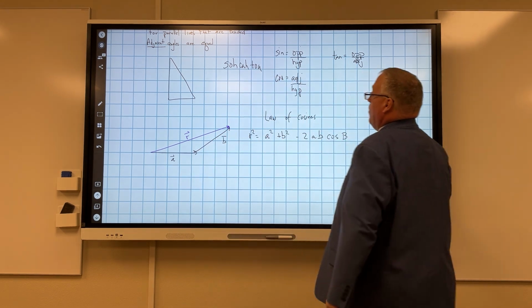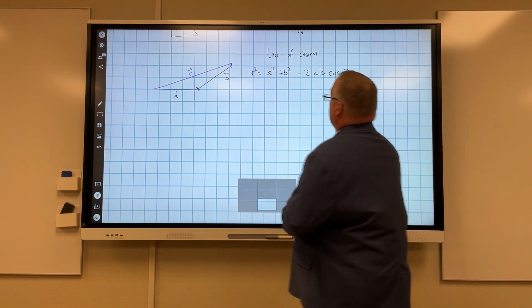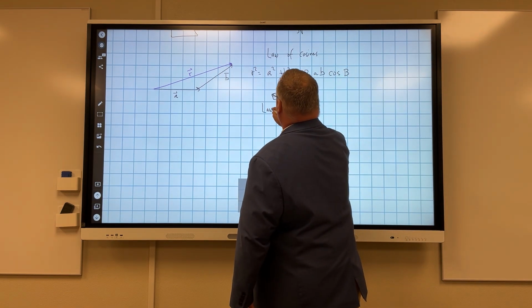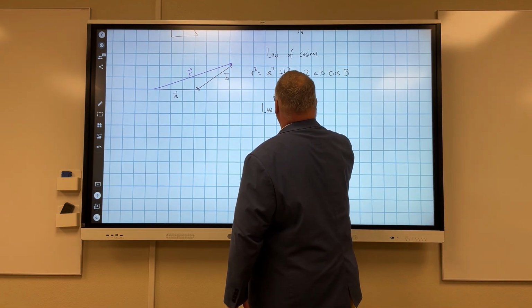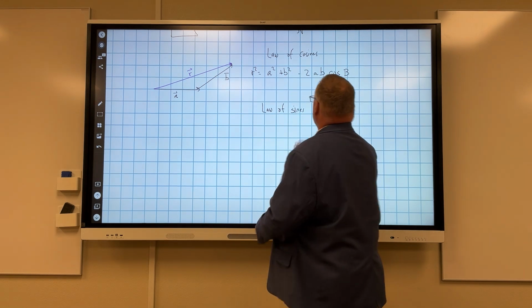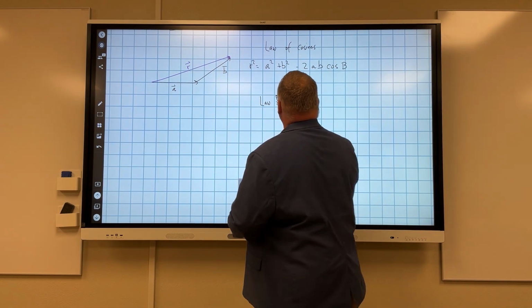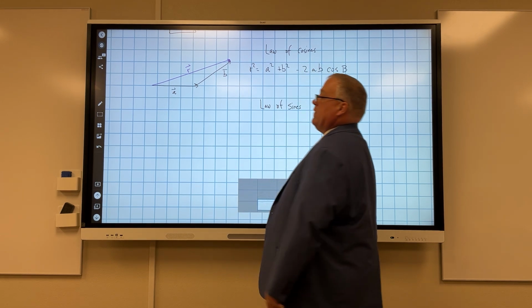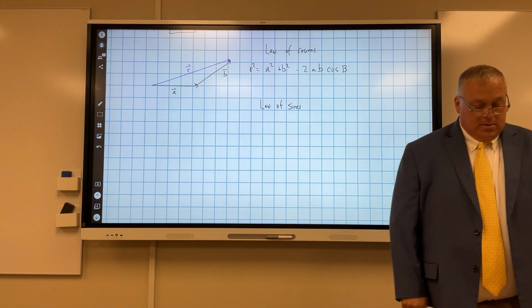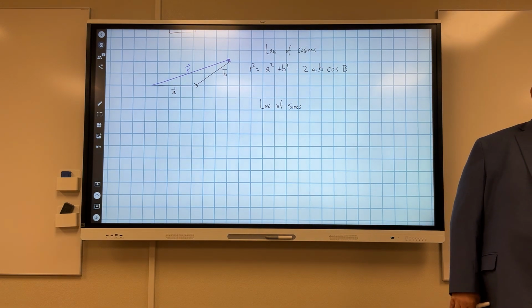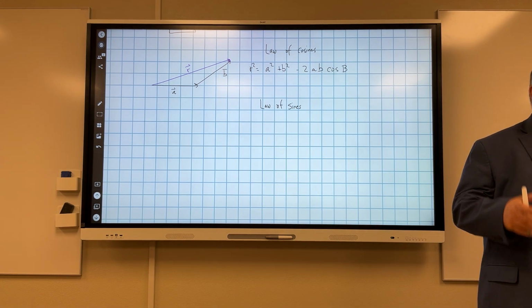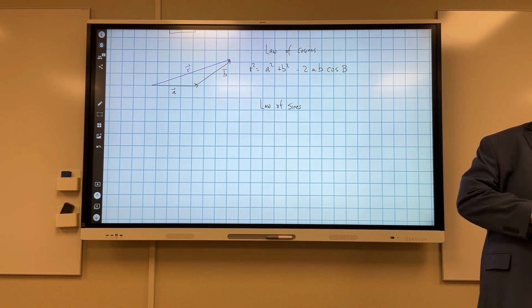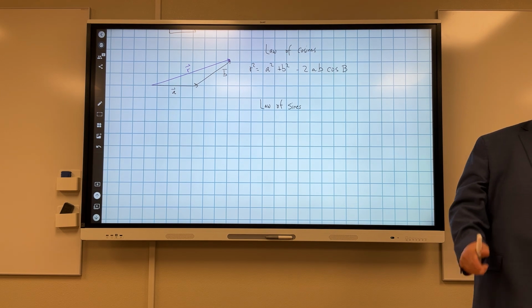We've got one more, and it's called the law of sines. There's no law of tangents. Man, it would solve so many problems when we get to trusses if there was a law of tangents, but there's not.